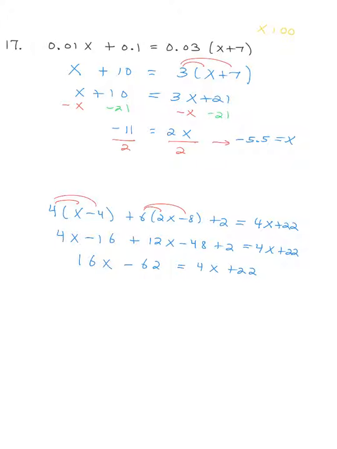I'm going to choose to subtract 4x from both sides, and then I guess add 62 to both sides, leaving me with 12x is equal to 84. And if I divide both sides by 12, I get my answer of x is 7.